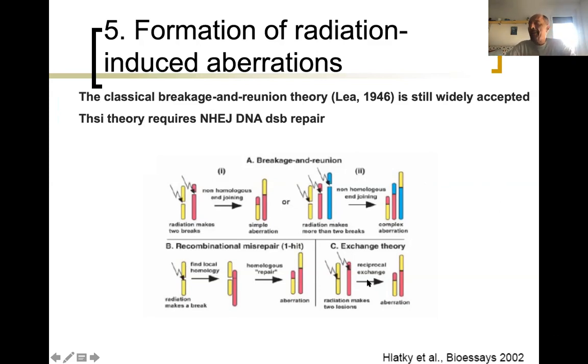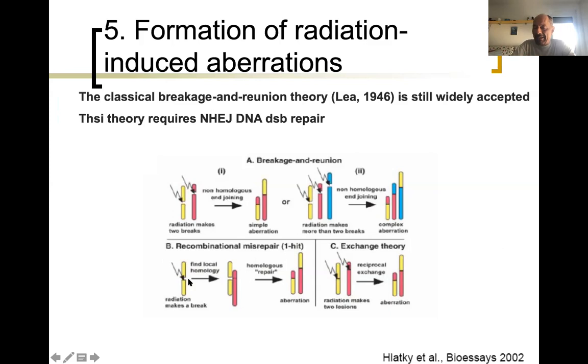There have been in the past many other theories. For example, the recombinational misrepair and the exchange theory. In the exchange theory, essentially, you suppose that there is never a break. There are only sublesions that, once they interact, form an exchange. And the recombinational misrepair is something like homologous recombination, if you want.